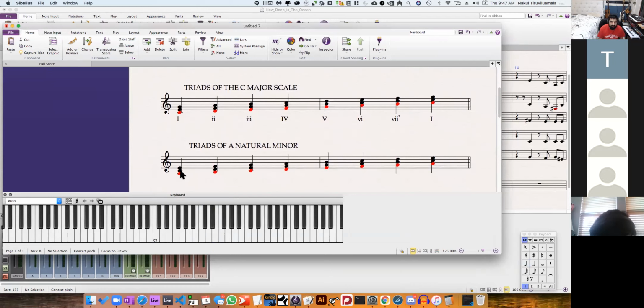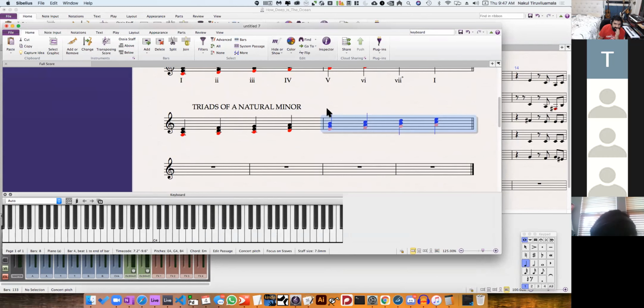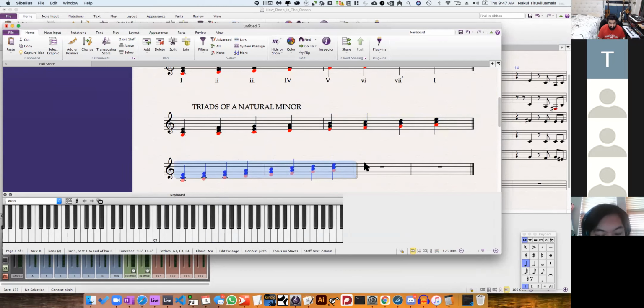Now let's do the same thing, but with A natural minor. Before we do this, let's actually construct all of the minor scales that we've known so far, okay? Let's do A natural minor. Let's do A harmonic minor, and we're just going to modify the notes of natural minor.